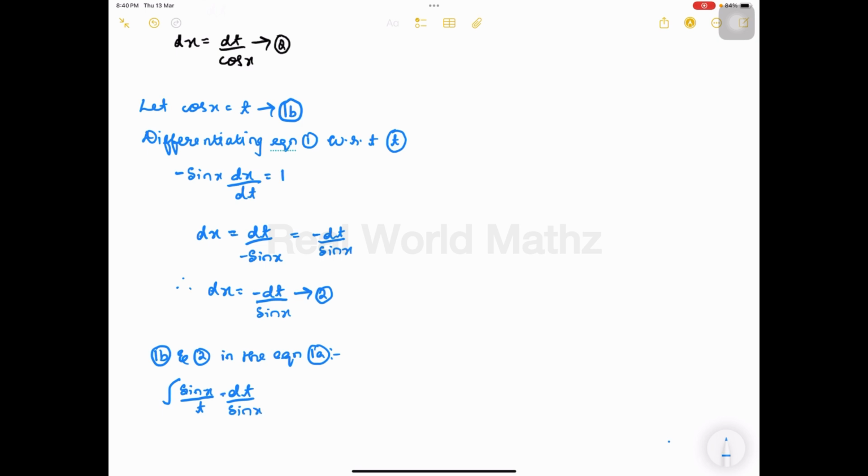But now if you notice, minus dt can be written as minus 1 into dt, which means that minus 1 is a constant, so I'll bring minus 1 outside. Therefore we take out minus 1, or just minus, outside.